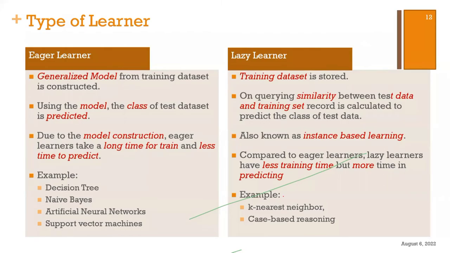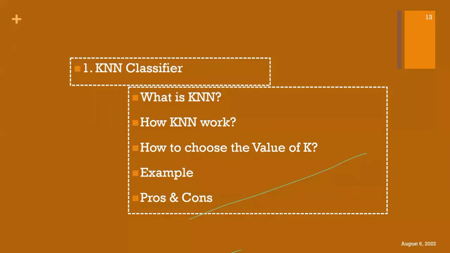But for lazy learners, like k-nearest neighbors, the training data is stored. They use the training data to determine your output when you bring in a new sample. They are characterized by fast training. They don't even do training, by the way, but have a very slow testing period. So they have their own advantages and disadvantages. But the good thing is it's very simple. It works when you have very simple data or very small data.